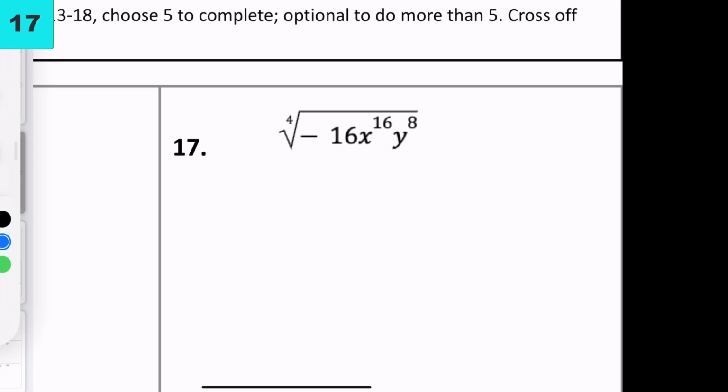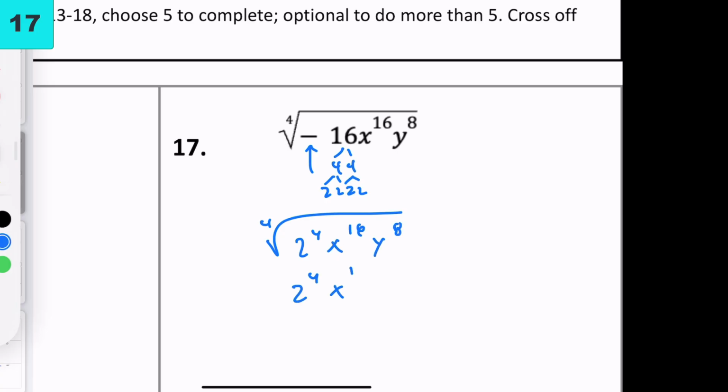Number 17. Okay, I want you to pay attention that you have this negative sign here. So 16 I'm going to break down into 4 times 4. And that'll be 2. So I have 2 to the 4th power and then this.